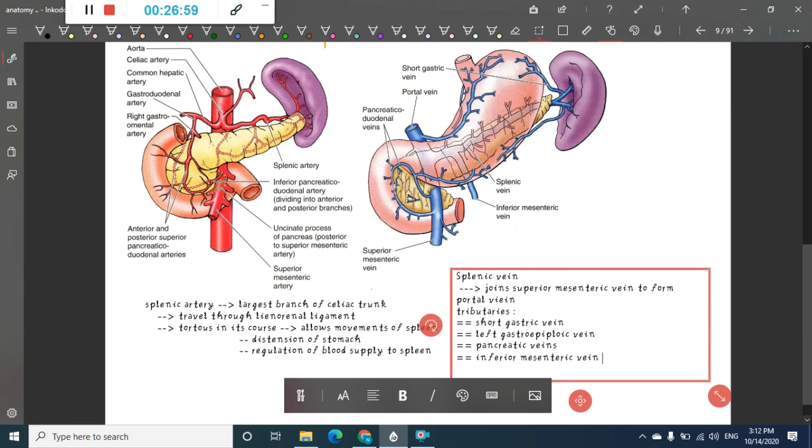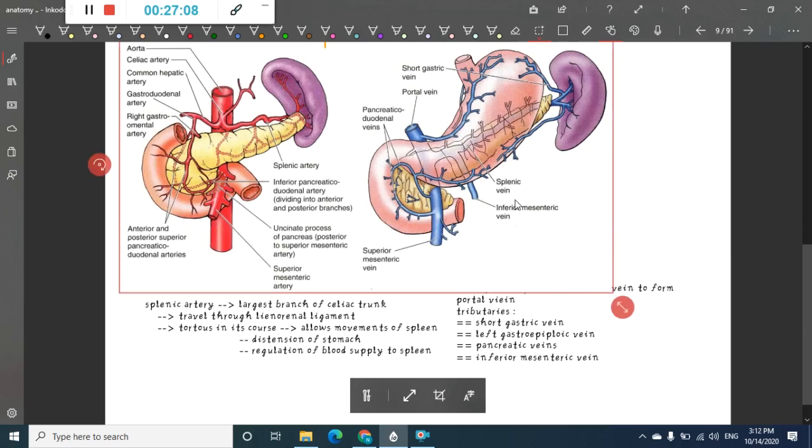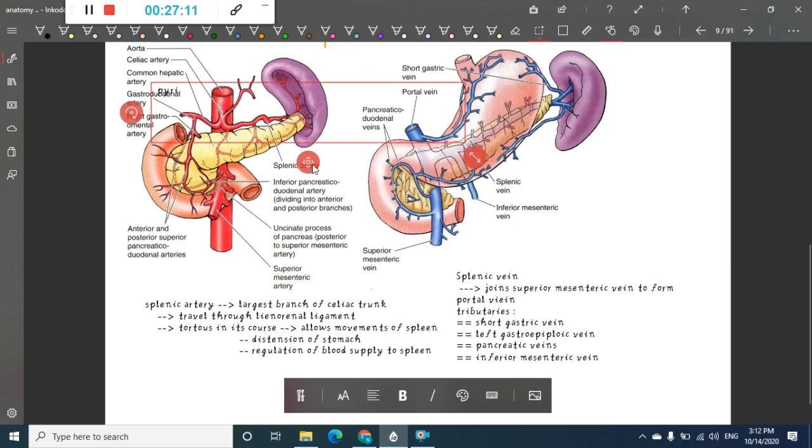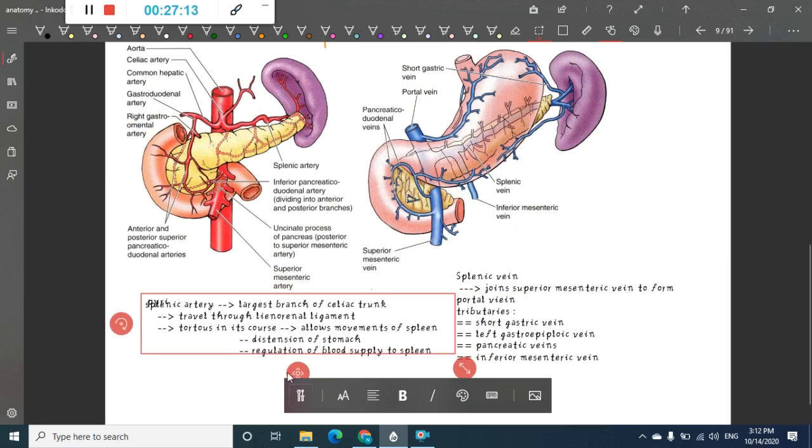Now lymphatic drainage: splenic tissue proper has no lymphatics. I'll write it here.